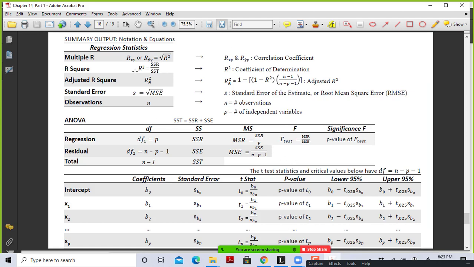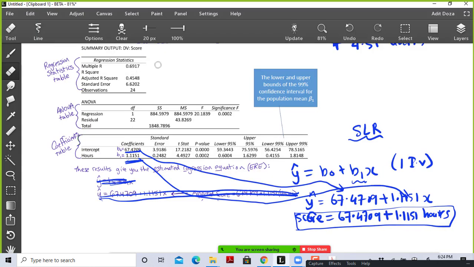R square is SSR over SST, right? So how do you find R square? We have the sum of squares regression, and we have the sum of squares total, so you can easily find this.